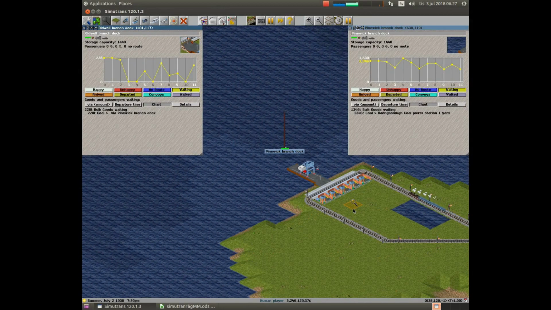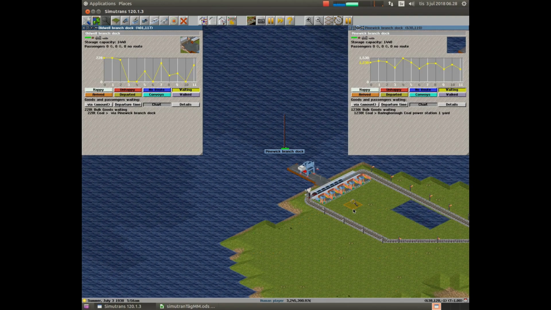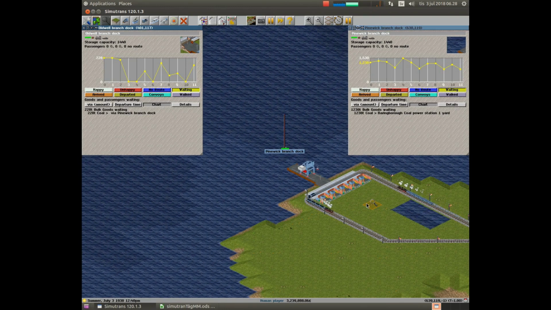We should take a look at an interesting problem which can occur in the real world as well as in Simutrans. When you have a packet switching network like the internet or a train or truck system in Simutrans, you can have the effect of cargo filling up a station even if the throughput is actually enough.